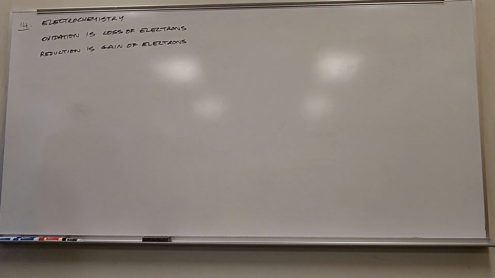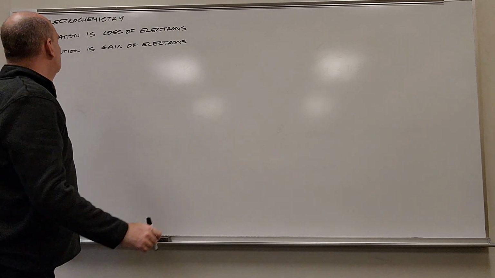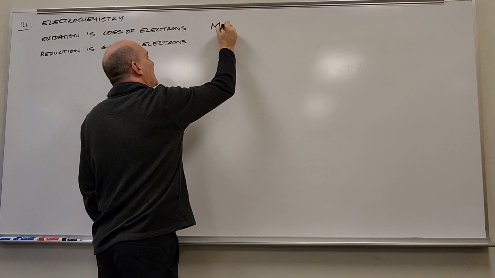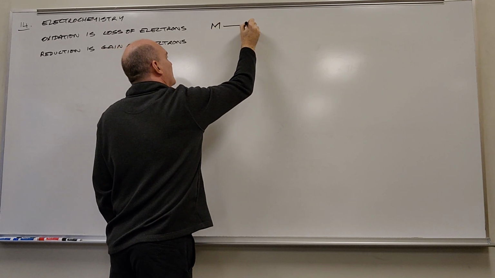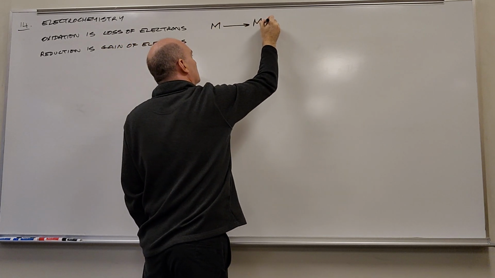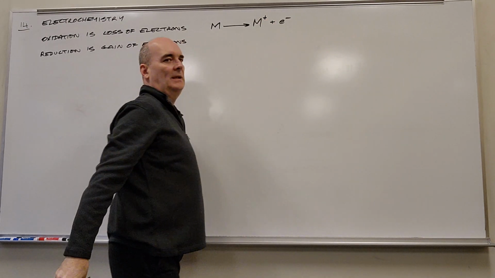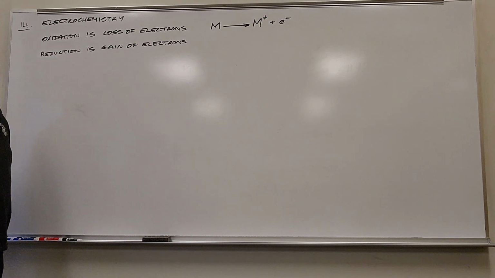The left side, the metal side, loses, and the right side gains. Loss of electrons sounds very much like the left-hand side of the periodic table. This is what metals do. Metals get oxidized, they turn into cations.